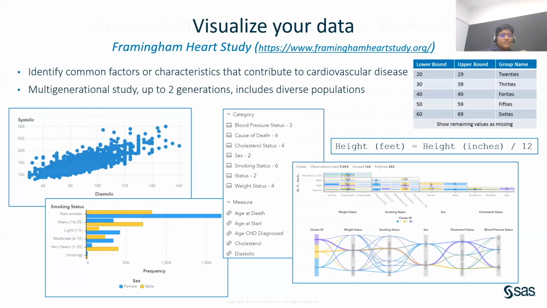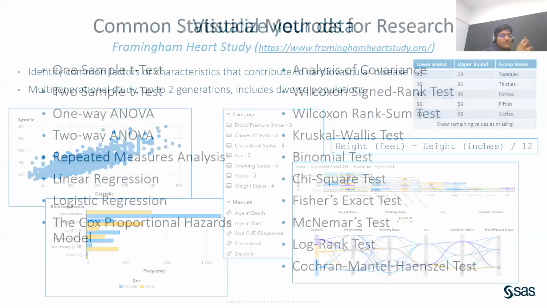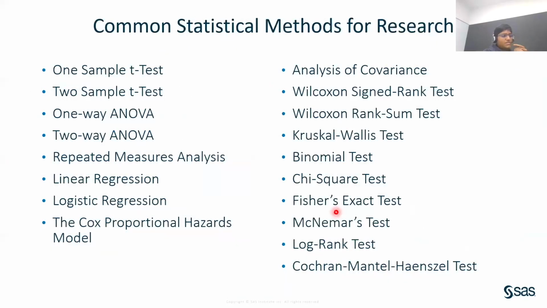All right, so we are going to move on to the next topic where we are going to talk about the common statistical methods used for research. And the moment you talk about healthcare and life sciences, you are looking at more of hypothesis testing.